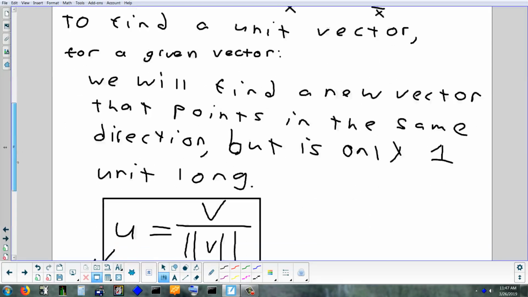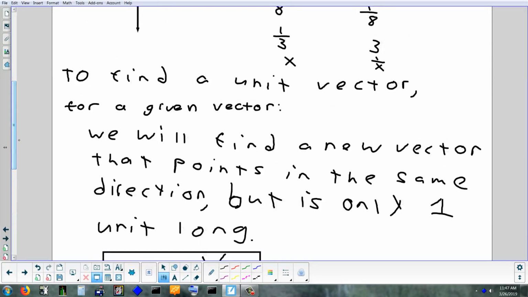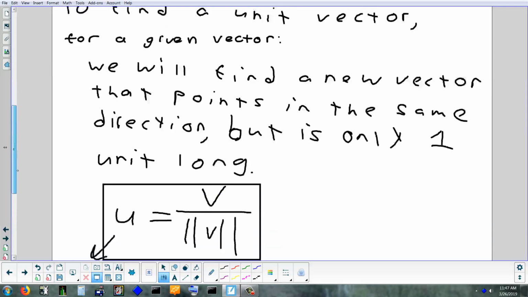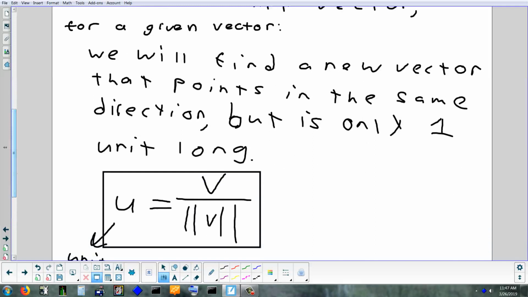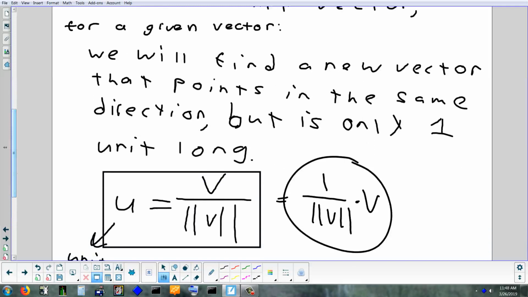Okay, so the formula, I heard someone say multiply by the reciprocal. This is the same thing. Just take your vector and multiply by 1 over the length. Well, that's the same as just dividing by the length.